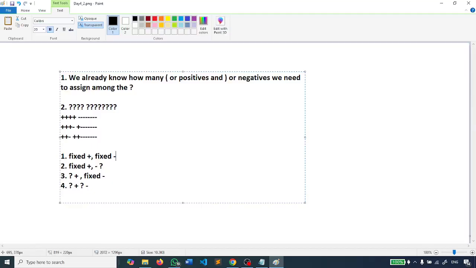Ultimately, the goal is to make sure that the positives are as left as possible and the negatives are as right as possible, right? Because for whatever sign is fixed, we cannot move it, so we cannot improve their chances through that character.